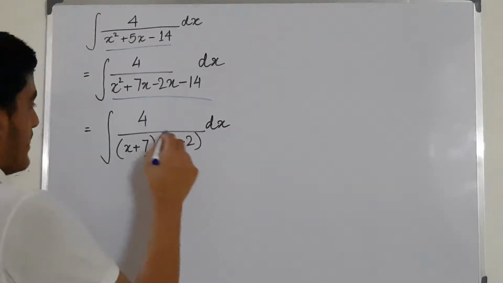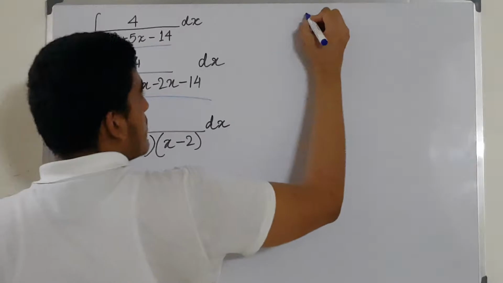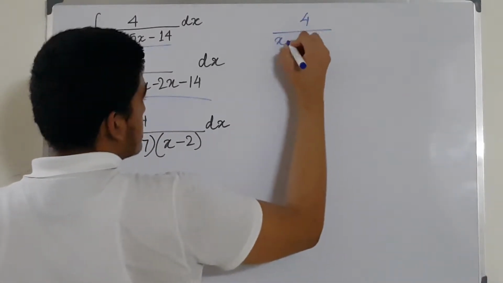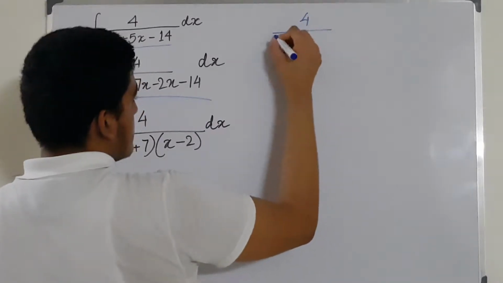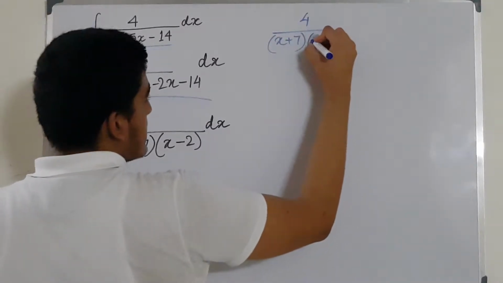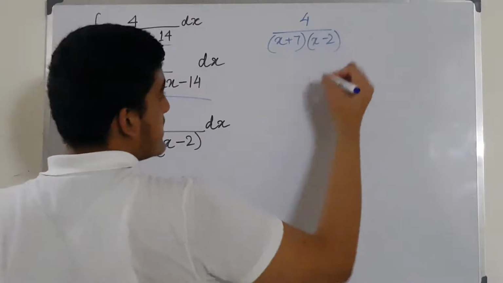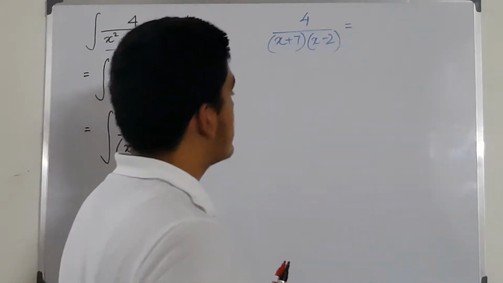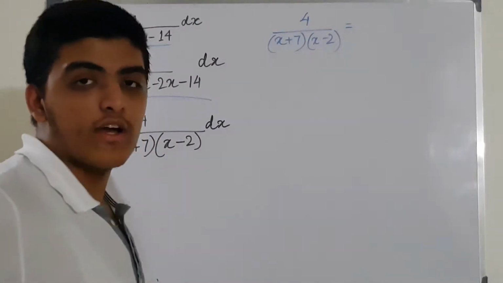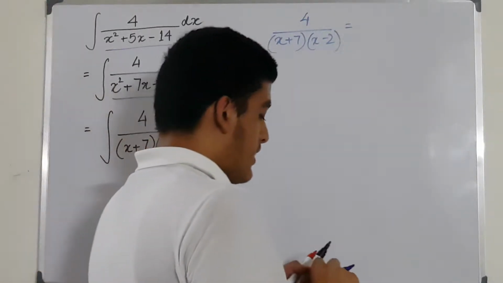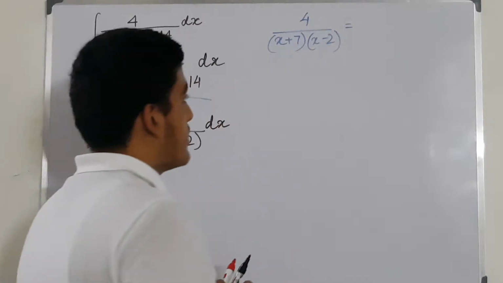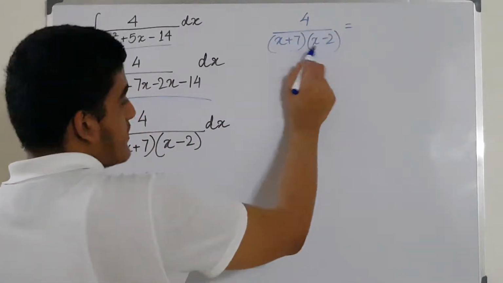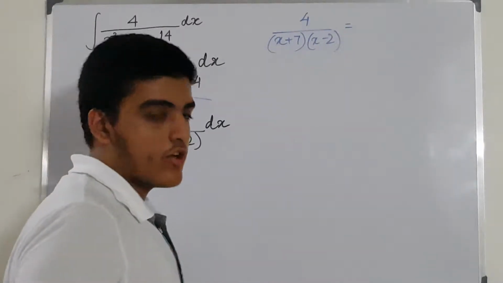I take this entire expression, 4 divided by x plus 7 multiplied by x minus 2, and then I split it into two expressions, and each expression has one of these factors as the denominator.